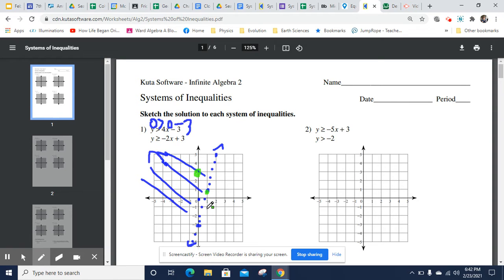So from here, down 2 over 1. I nearly made a mistake of going down 3. Down 2 over 1. And I can also go back here and go up 2, back 1. And that will be a slope of negative 2. And now it's a solid line, so I'll draw a solid line through those points.